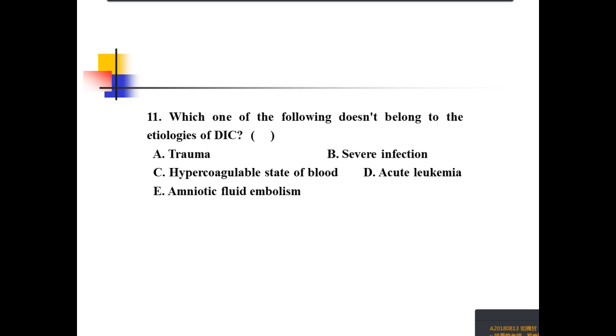Hypercoagulable status of blood, pregnancy, acidosis also belong to triggering factors. Now, mononuclear phagocyte system damage or impaired liver belong to triggering factors, not etiology.